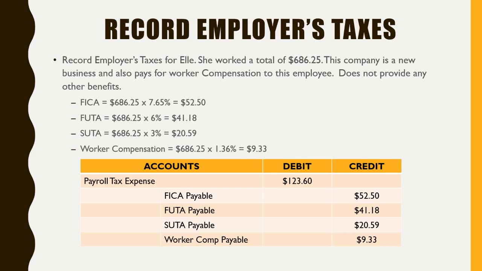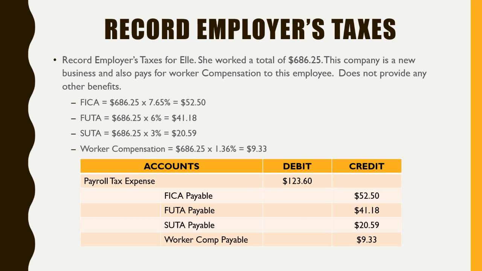So in this case, we're going to add up all of our payroll taxes. So on top of the $686.25 that we have to pay L, as well as give her her check, we also have to be responsible for $123.60 more to pay into having L as an employee.